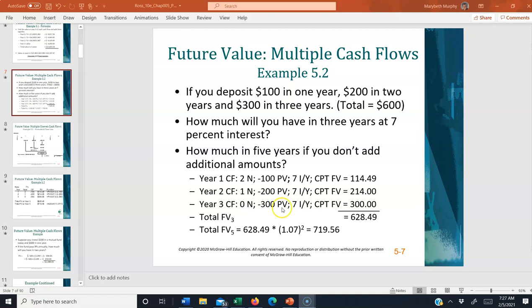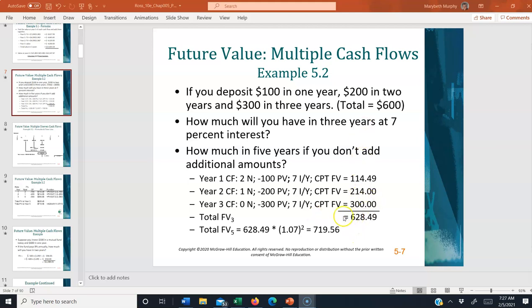So it's basically going to be the $300. There's not going to be any discounting on that one because they're both occurring at the same time. They're not going to earn any interest at the end of 3 years because you're just making that deposit at the end of 3 years.